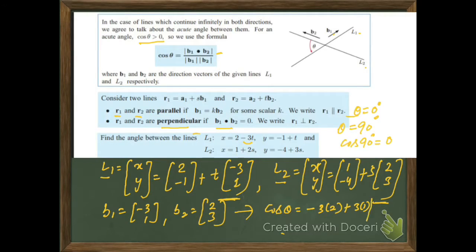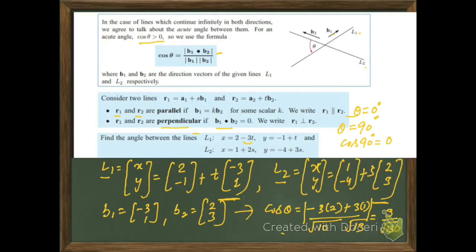Make sure you take the modulus, because we're talking about acute angles, divided by their magnitudes, the square root of 9 plus 1, which is 10, and 4 plus 9, which is 13. So you will get -6 plus 3, so 3 over the square root of 130. Then you take cos inverse and you can easily get the angle.